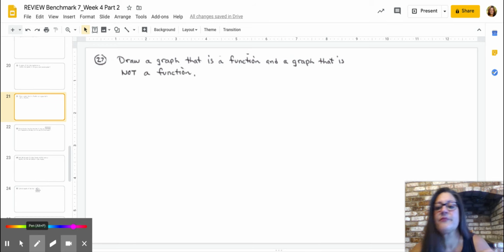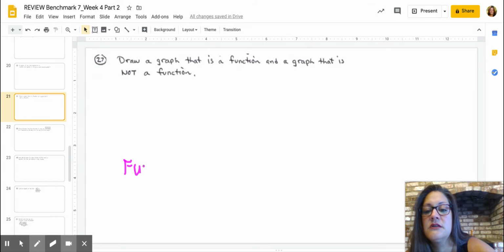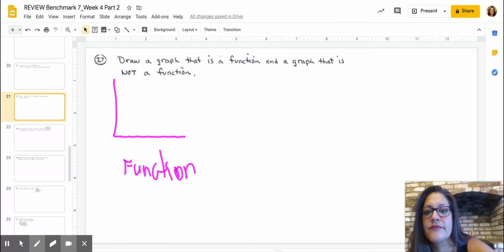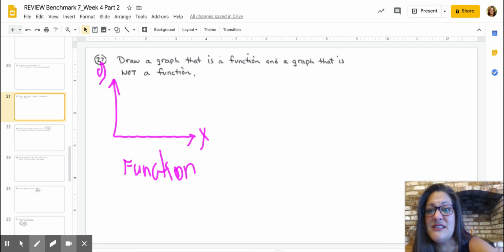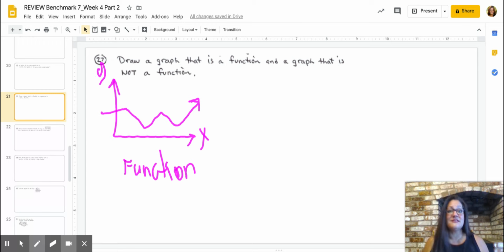So our function, here's our function. There we go. Okay, here is our x and our y. So our function could be something like this. Okay, it's not a straight line. We didn't say it was linear, but it's a function.